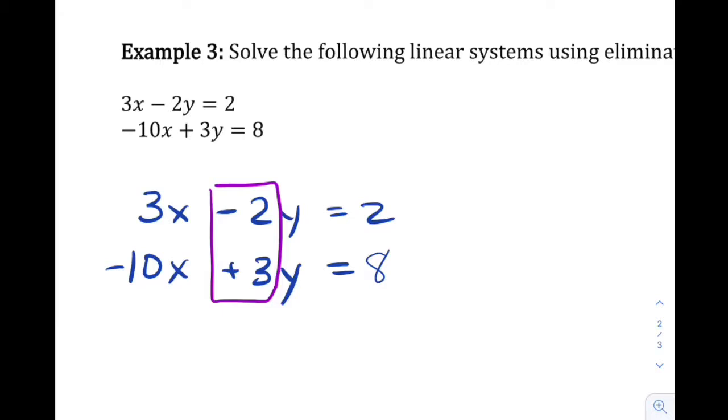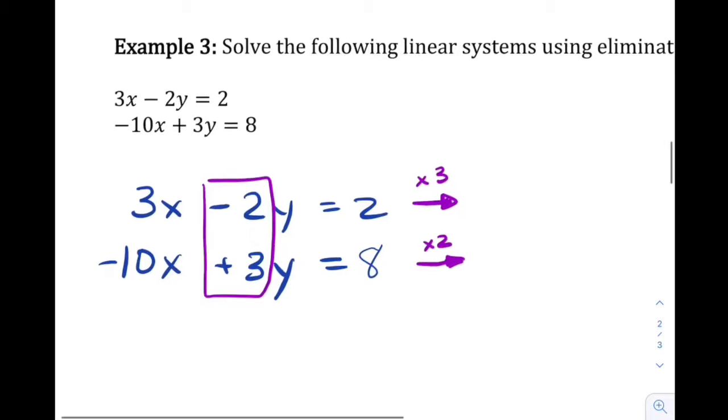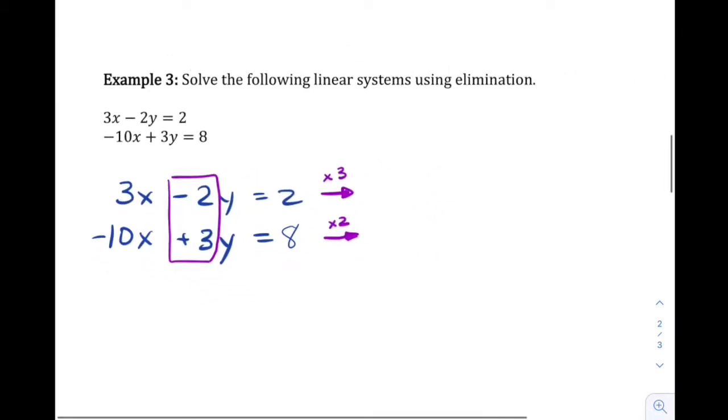So I'm going to take the entire top equation and multiply it by a factor that will give me 6 in front of my y. In this case, I'm going to choose 3 because 2 times 3 is 6. And the bottom equation, I'm going to multiply it as well by a factor of 2 so that I'm going to get 6y because 2 times 3 is 6. So I'm going to have to do that for each term in that equation.